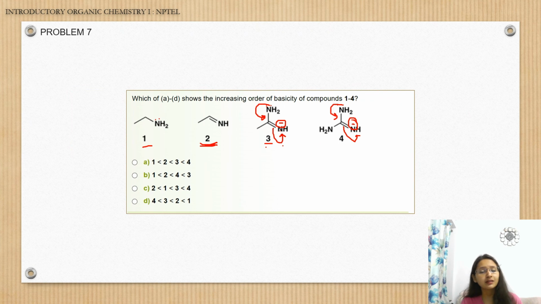So just tell me which would be the highest basic compound. Any guesses? Anyone? It would be 4. Why? Because there are two lone pairs of nitrogen that are directly available for the attack of an electrophile, and also after delocalization, in both ways the delocalization can occur, right? Here also this can delocalize.